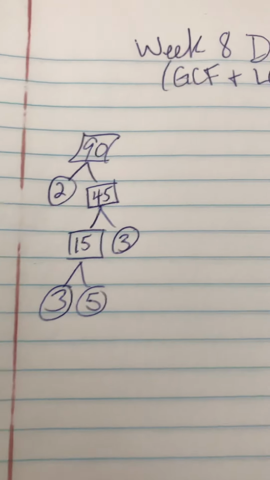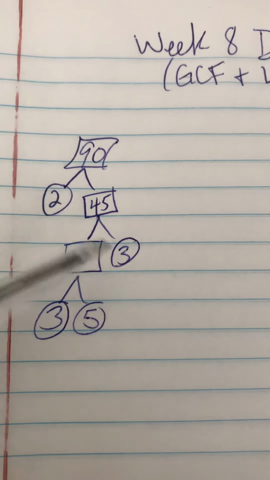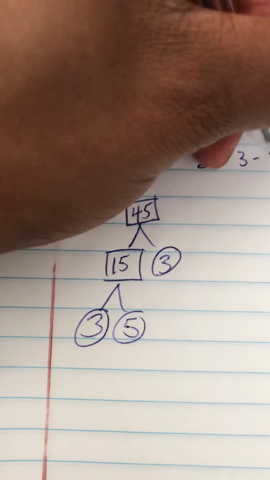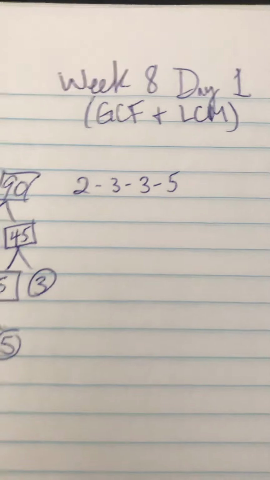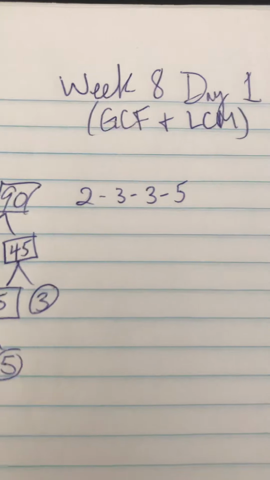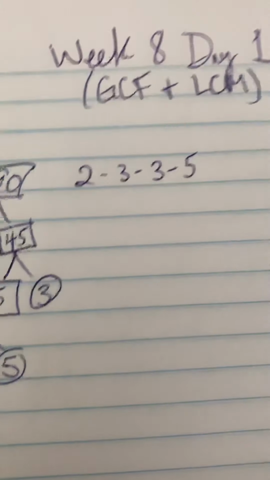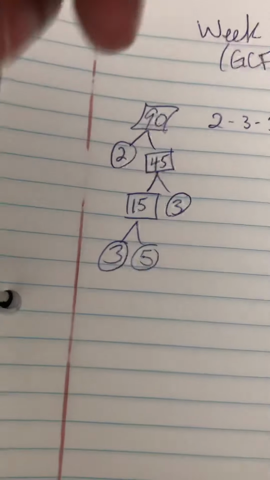So all the prime numbers circled out: 2, 3, 3, and 5. Now if we look at that, you can determine if it's true or false, because we just did it right here.